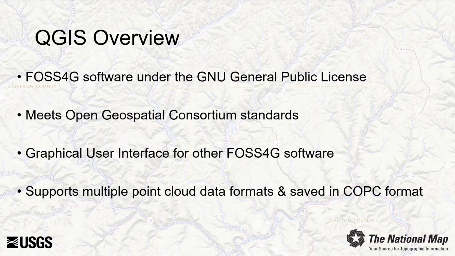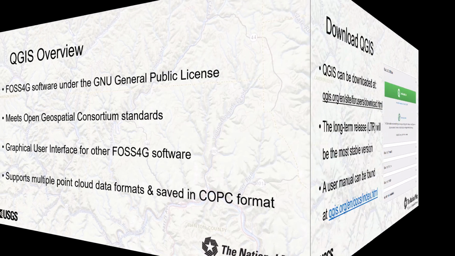QGIS supports Entwine Point Tile (EPT), Cloud Optimized Point Cloud (COPC), and LAS/LAZ data formats. When loading an LAS/LAZ tile, it will be saved in COPC format that stores files in a common folder, is indexed, and allows reduced loading time.